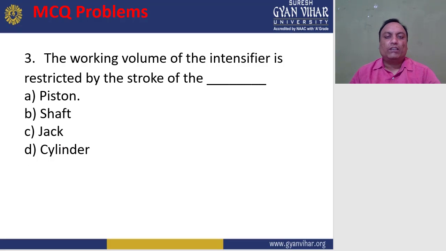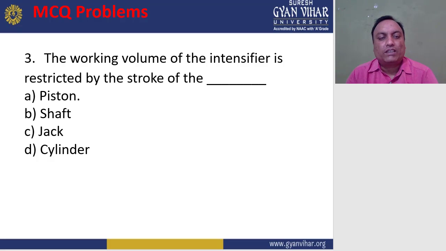The working volume of the intensifier is restricted by the stroke of the, A piston, B shaft, C option is jack, and D is cylinder. So the correct answer is piston. The working volume of the intensifier is restricted by the stroke of the piston.